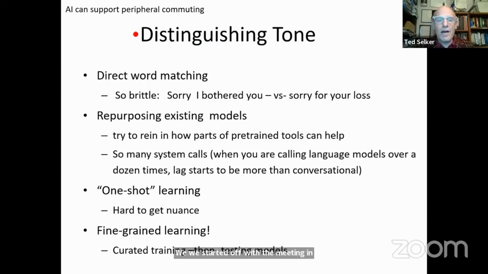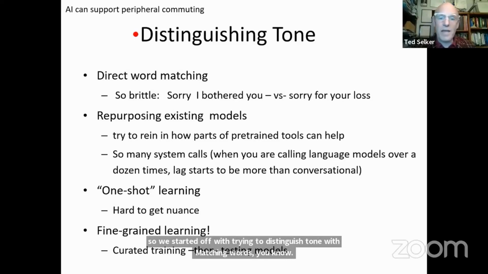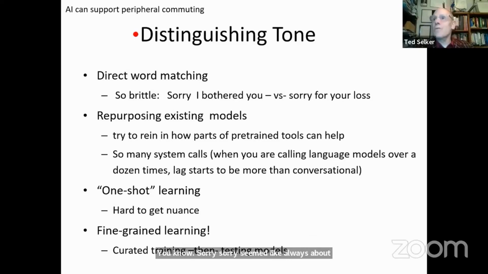When we were building this thing, we started off trying to distinguish tone with matching words. Sorry seemed like always about apology, except it isn't, because we often say sorry for your loss. So direct word matching is not a great way to go.